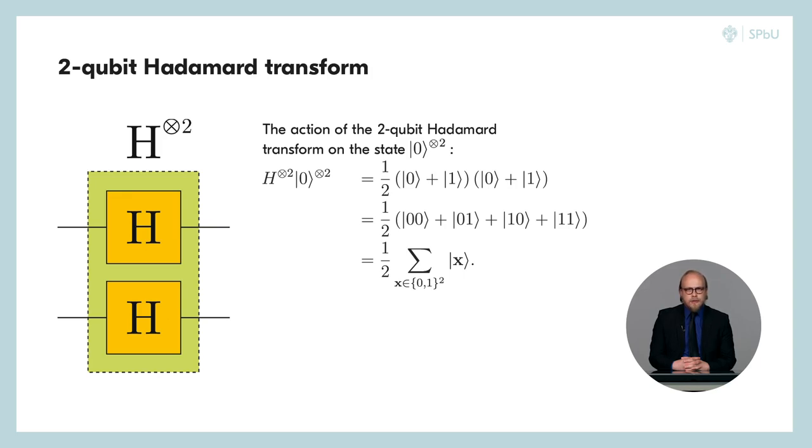The state of two qubits 00, 01, 10, and 11 is written as a sum over x of the states x, where x runs through all possible values for two-digit binary numbers. The latter could be emphasized by highlighting x in bold.